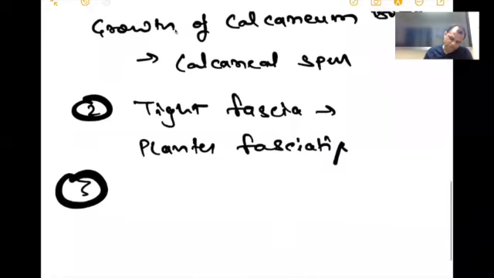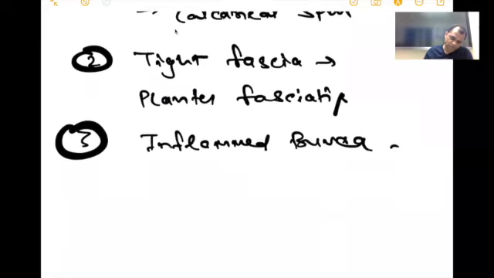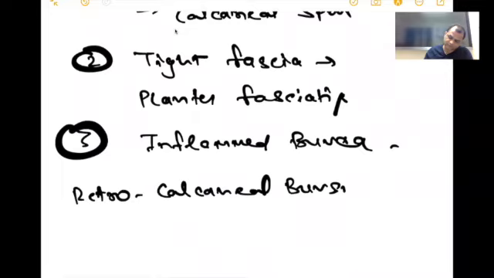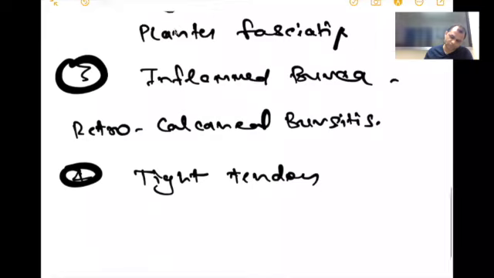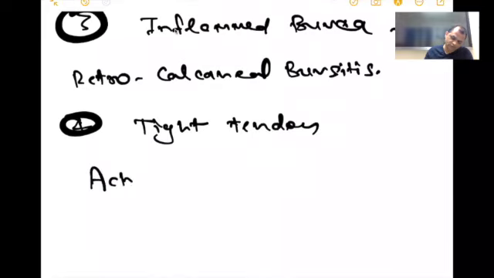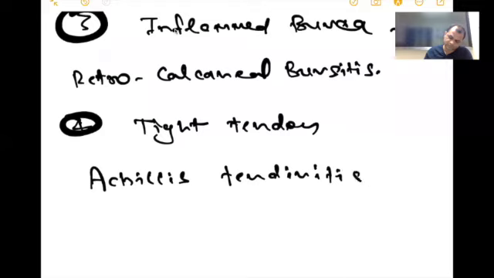The cause number 3, inflamed bursa, or retrocalcaneal bursitis. Cause number 4 is tight tendon. So Achilles tendinitis. So there are the 4 causes for the heel pain.